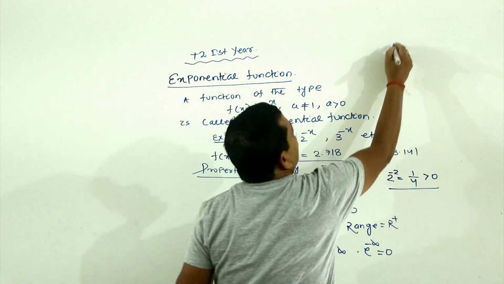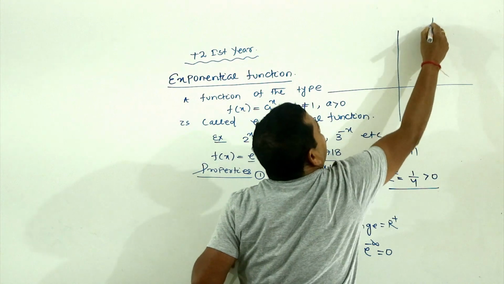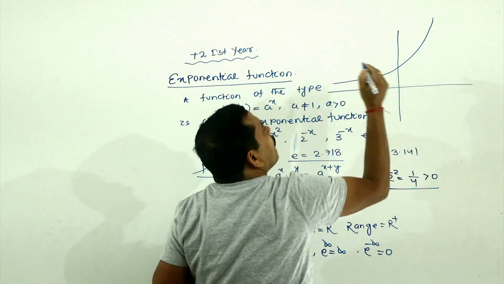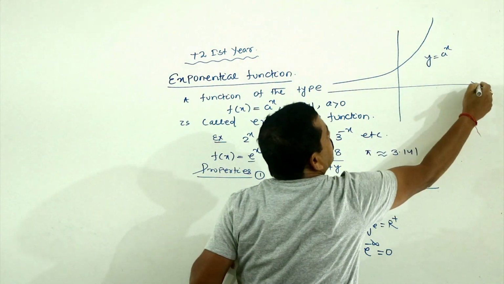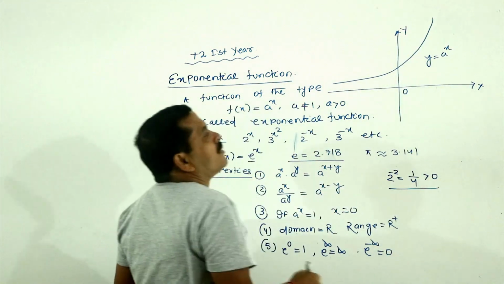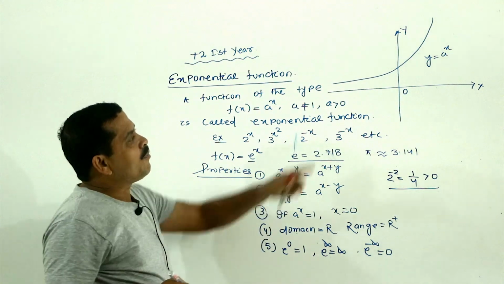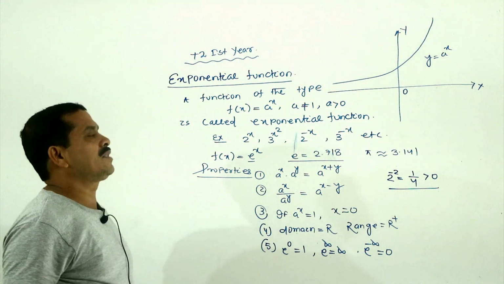And the graph of the exponential function is like that. That is the graph of y equals a to the power x, or e to the power x.